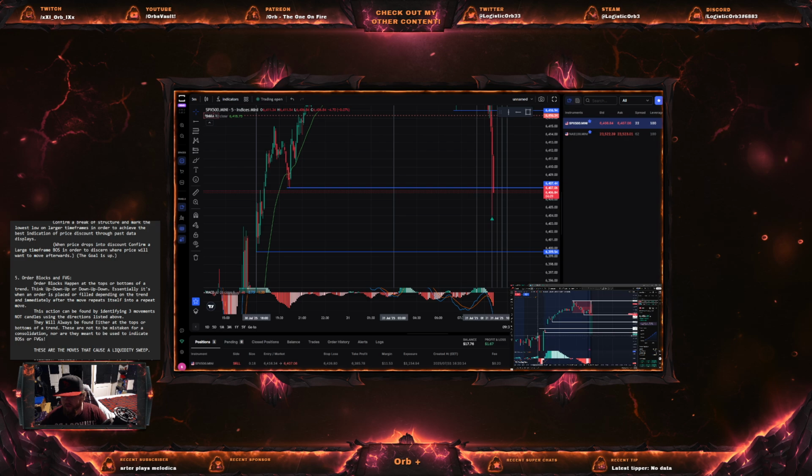Because we broke above this high right here, this was our break of structure, which meant this right here would have been our take profit. Brought that down there. It's 1.78. It has to say 2.9.